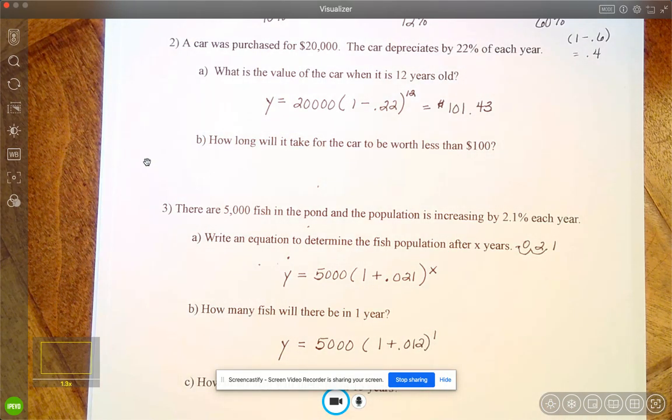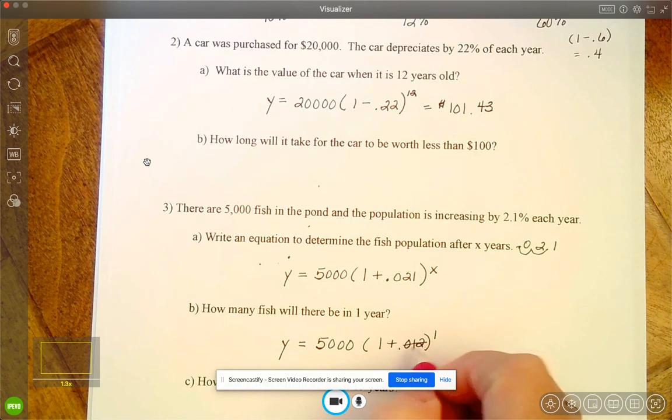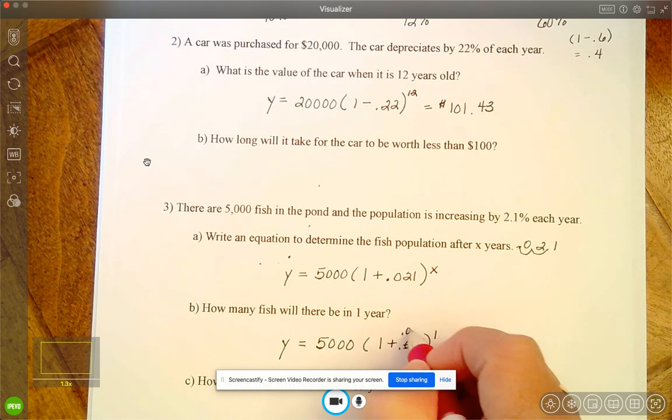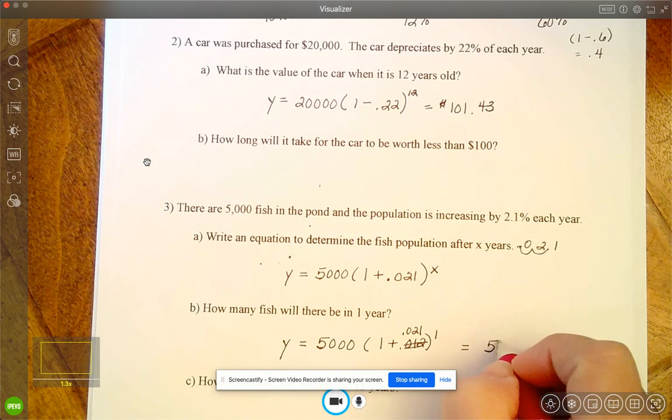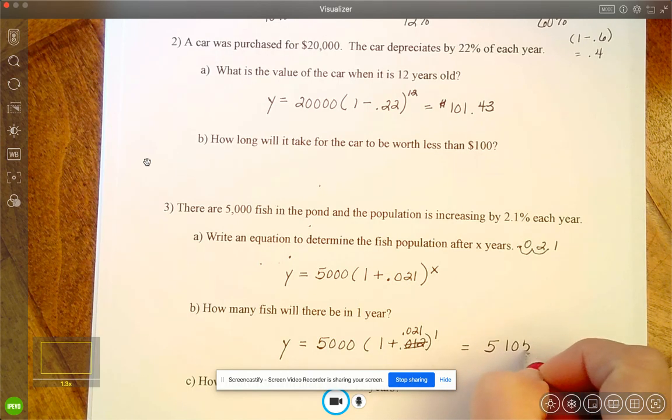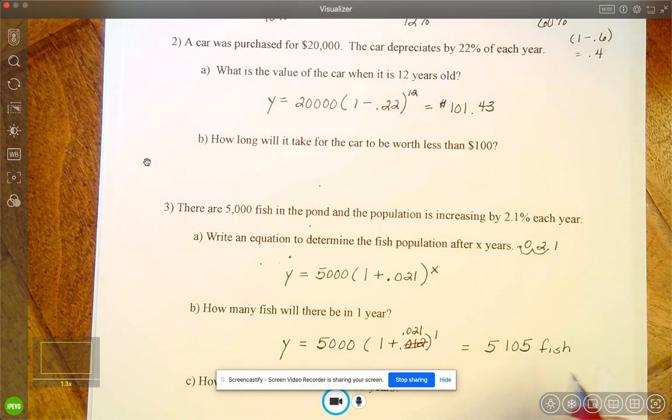Put that in my calculator. It is 21, isn't it? 0.021. Thank you. And raise that to the first power, and I will have 5,105 fish. So I have increased 105 fish.